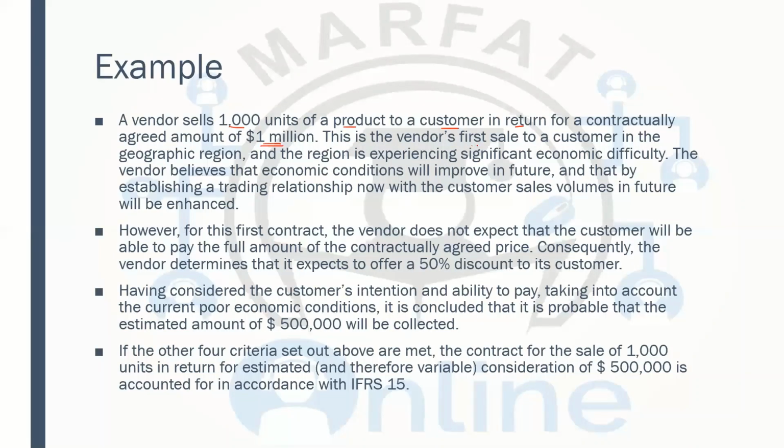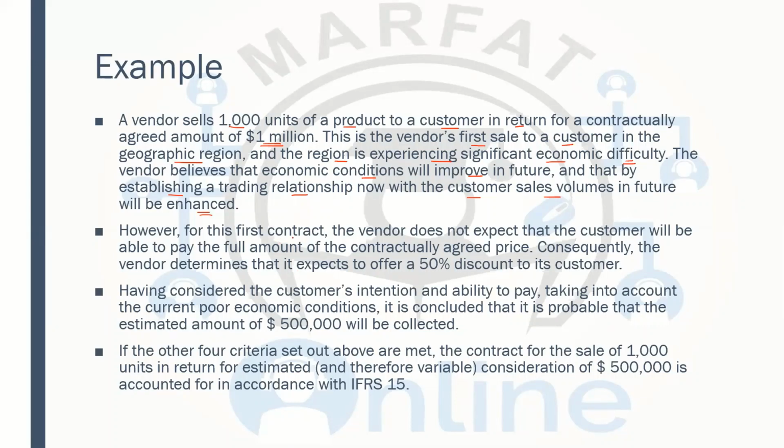This is the vendor's first sale to a customer in the geographic region, and the region is experiencing significant economic difficulties. The vendor believes that the economic conditions will improve in the future and that by establishing a trading relationship now with the customer, sales volume in future will be enhanced. Nowadays they are having problems, but obviously this market is going to grow in the future and they will benefit from that.